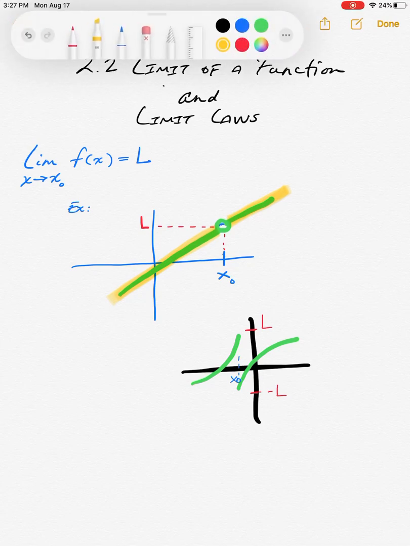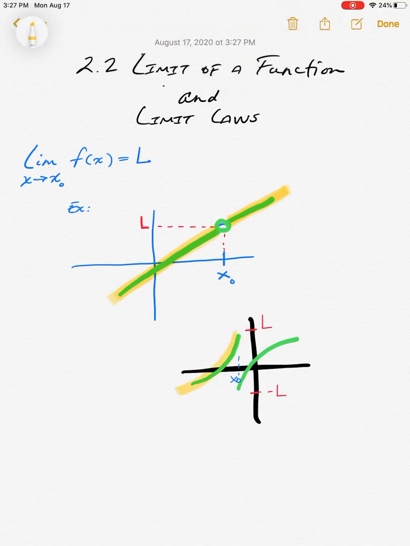As we approach x naught from the left on that graph, the limit is the positive L. But whenever we go from the right, the limit is negative L. Since you do not reach the exact same value coming from the left and from the right, the limit does not exist. All right, that's just from the graphical approach.